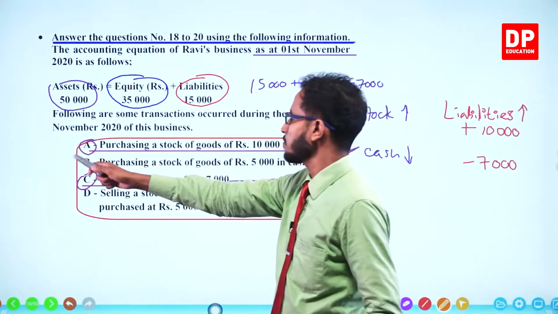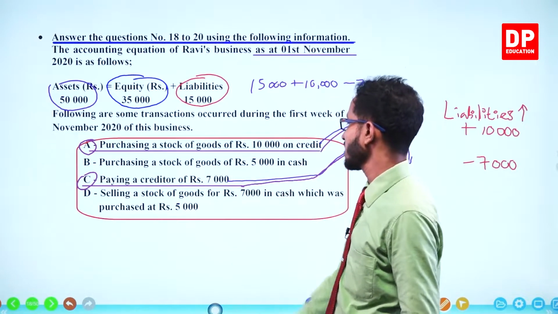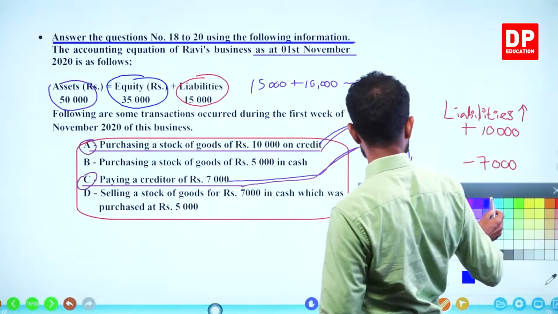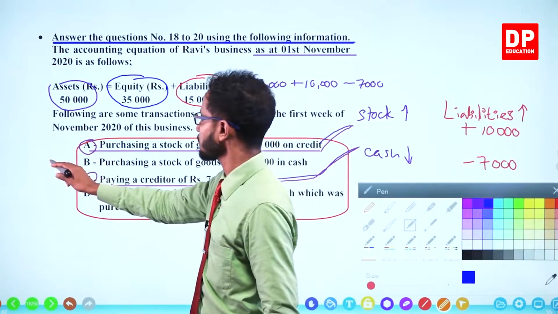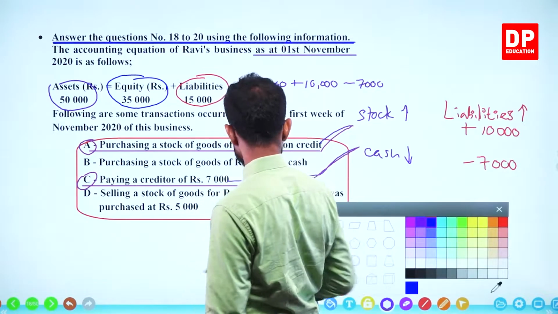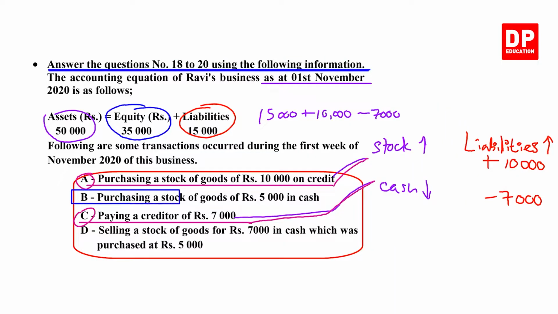So B, purchasing a stock of goods for 5,000 in cash. When we purchase goods, we know that goods increase. So goods are assets too.